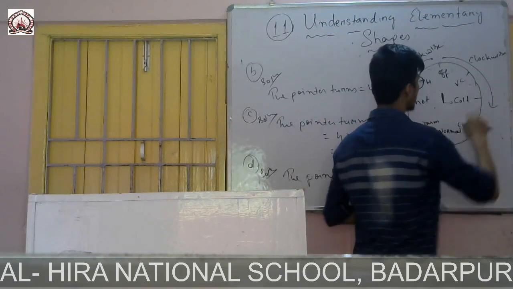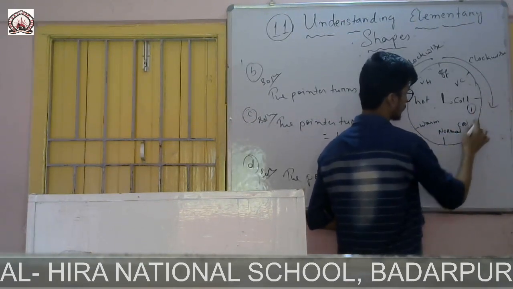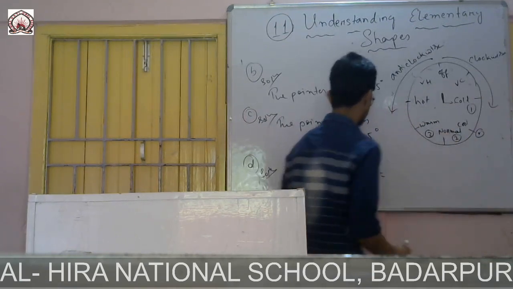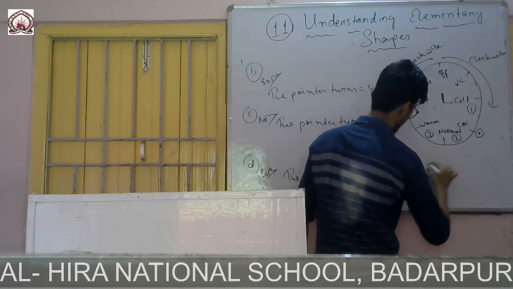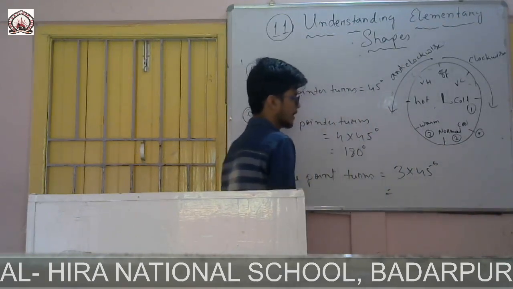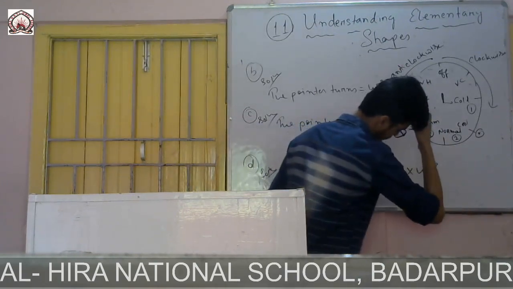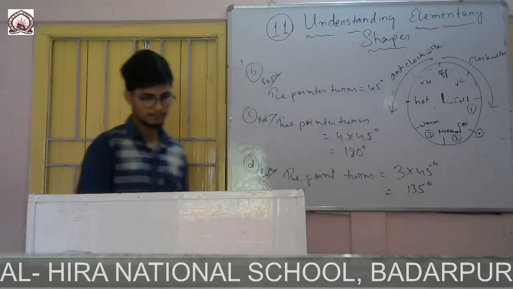And in clockwise direction, start from here up to warm. So one angle from cold to cool, then cool to normal, it is another angle. That means I will multiply 3 into 45 degree, which will be equal to first 45, 90, then 135 degree. Answer is 135 degree.